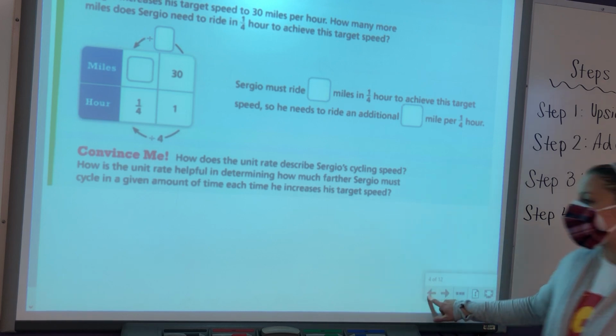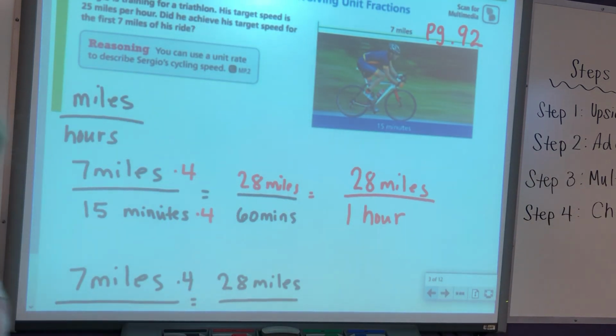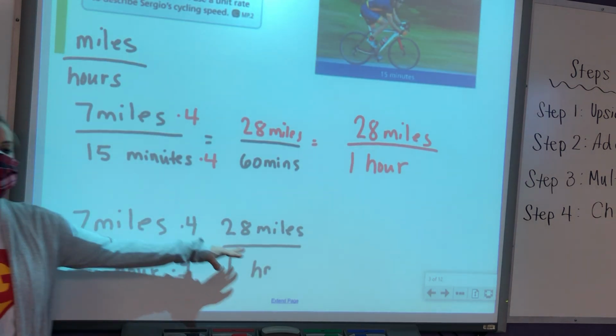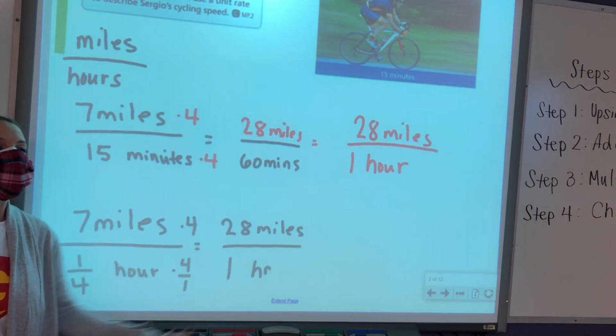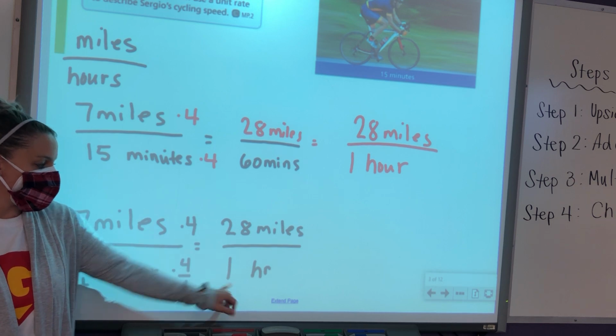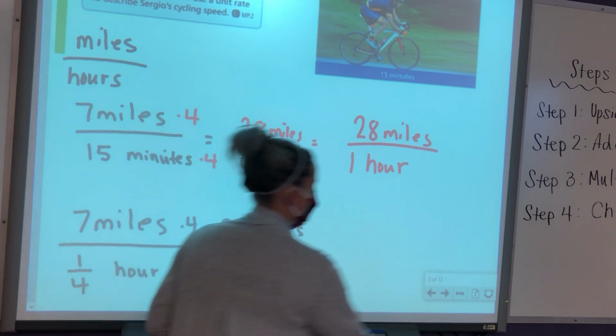So in this one, we scaled up. We scaled from 15 minutes to 60 minutes, or 1/4 of an hour to an hour. So smaller number to a larger number.